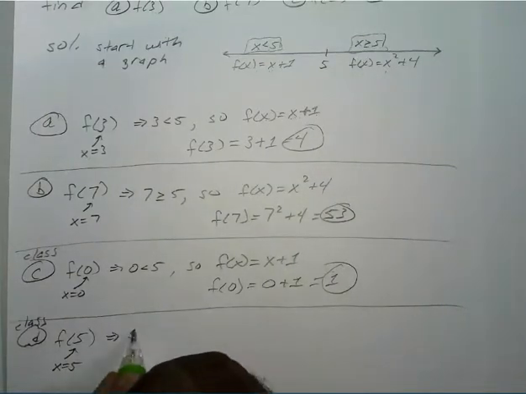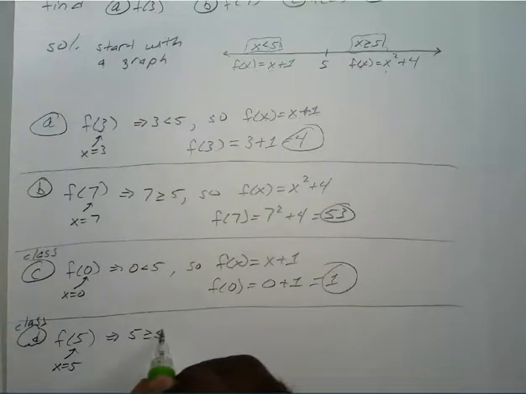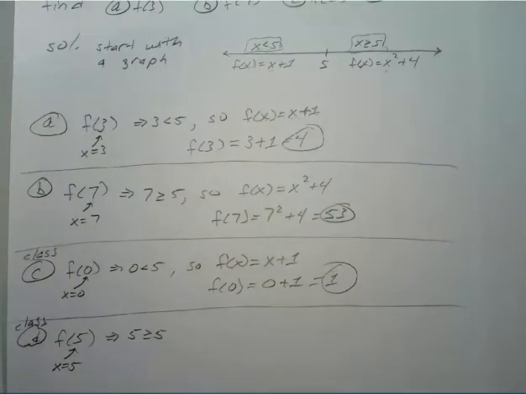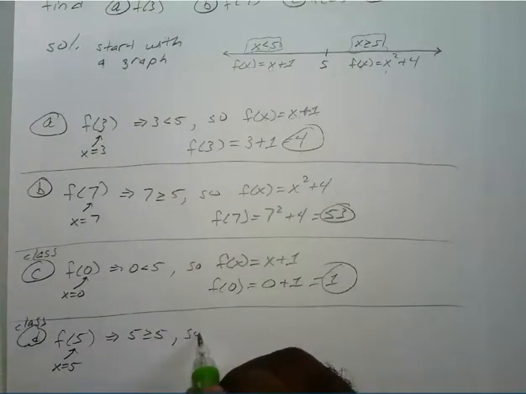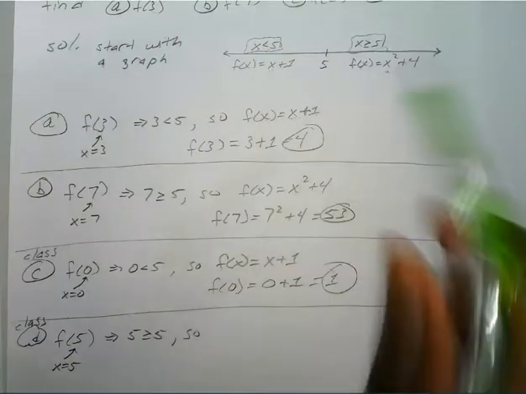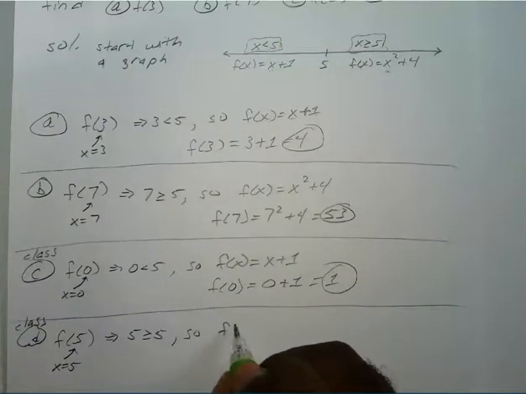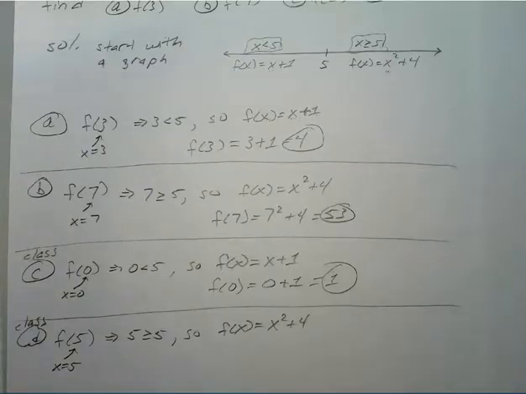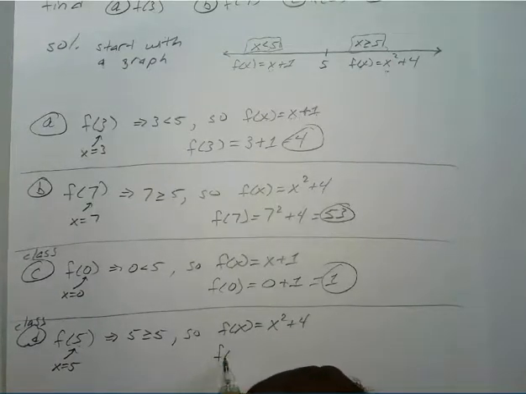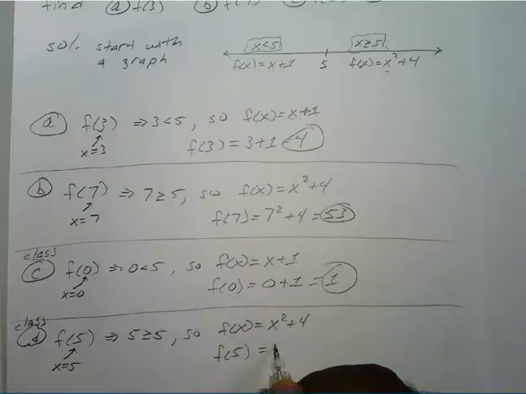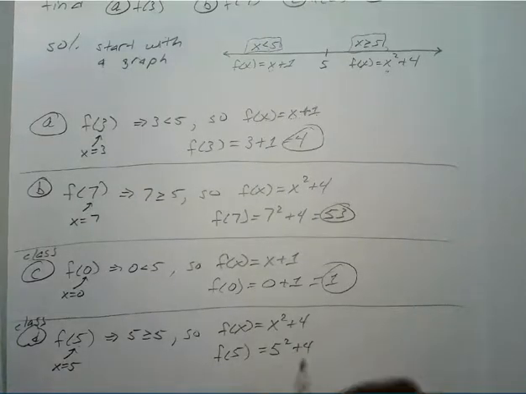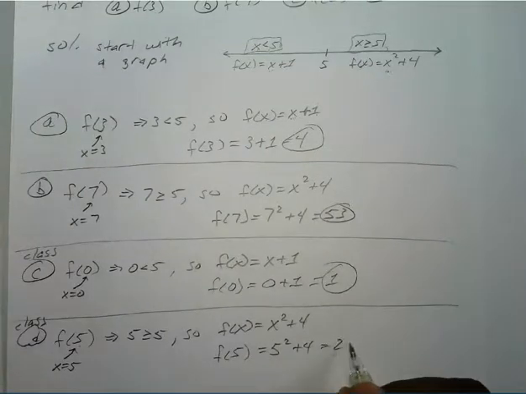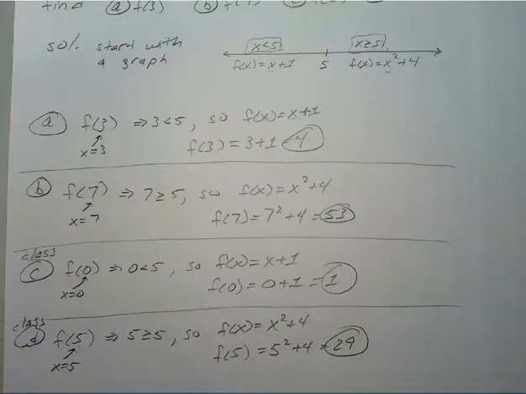So we know that our x is greater than or equal to 5, which means this is the f of x we're going to use. f of x is equal to x squared plus 4. So to find our f of 5, it's just 5 squared plus 4, which is 25 plus 4, which is 29.